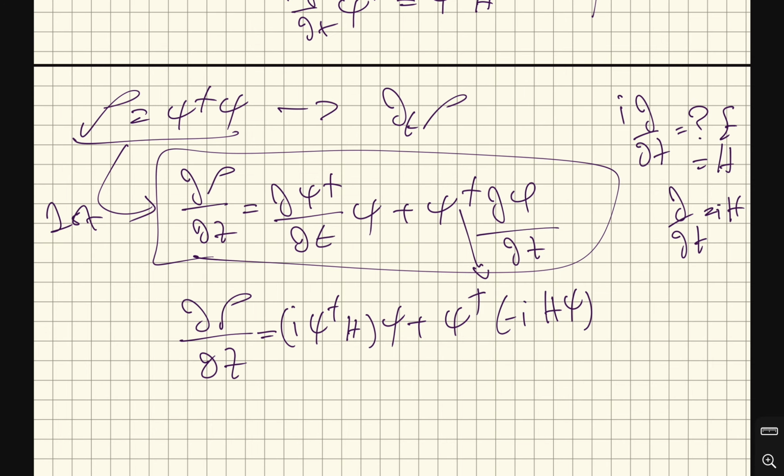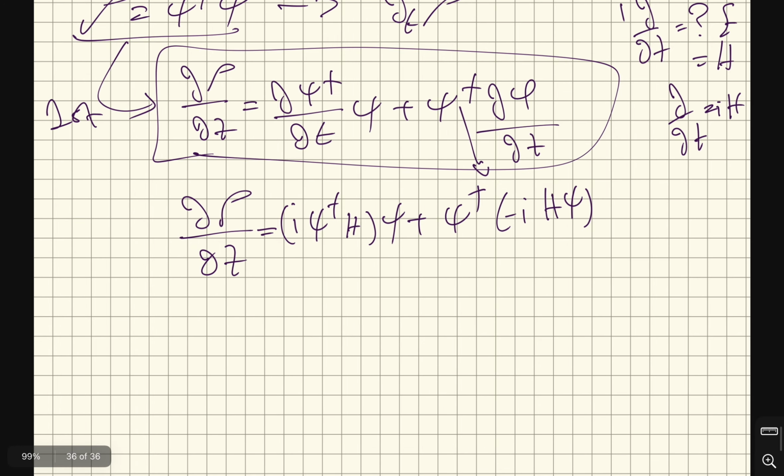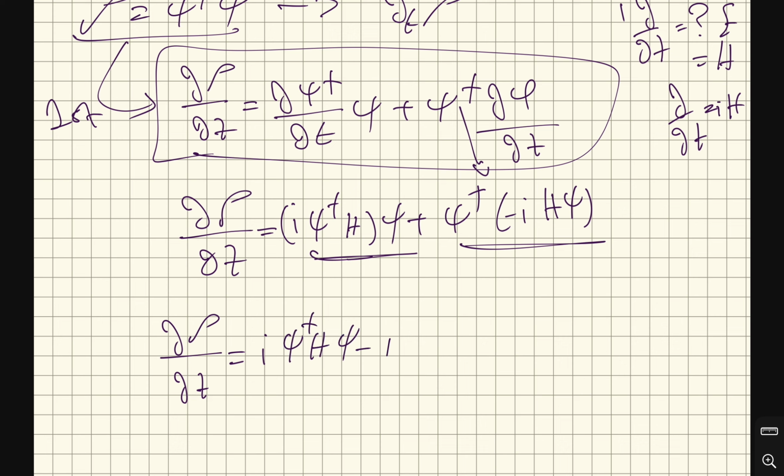All right. Now the first derivative of rho with respect to time is i psi dagger H psi minus i psi dagger H psi, with H the Hamiltonian.